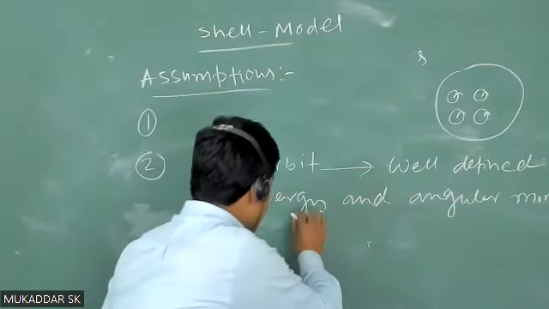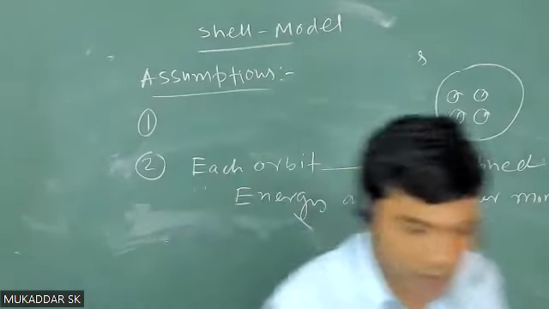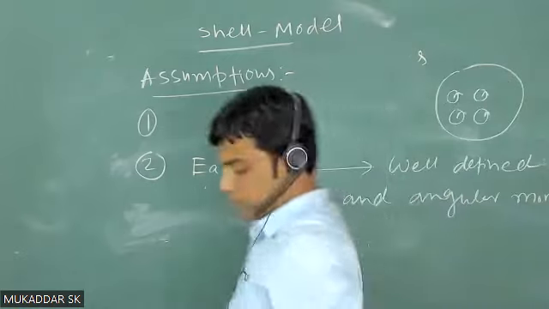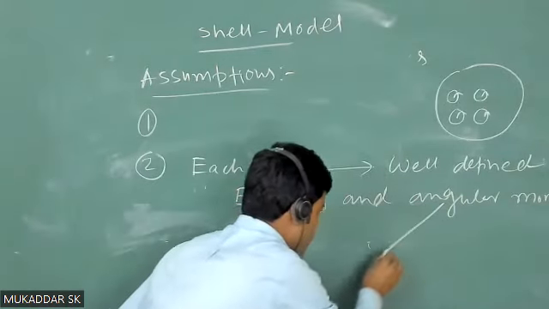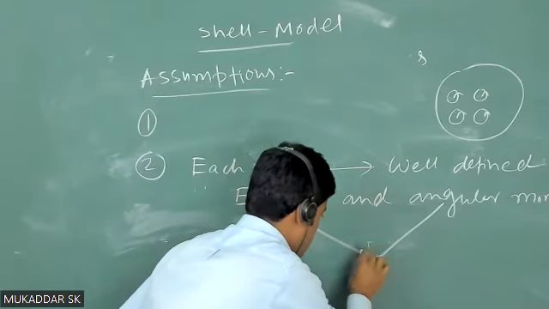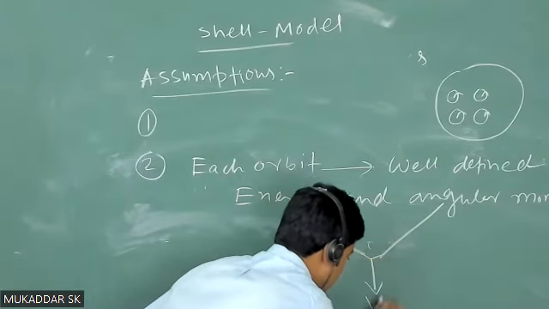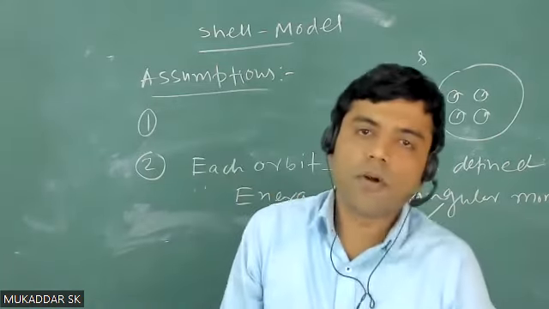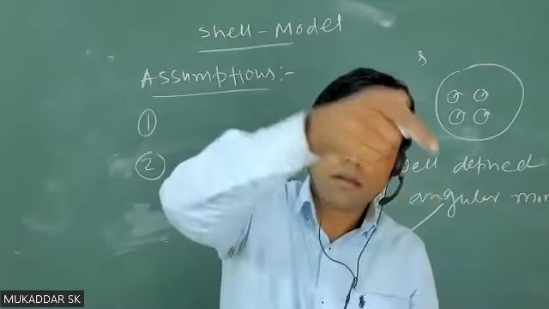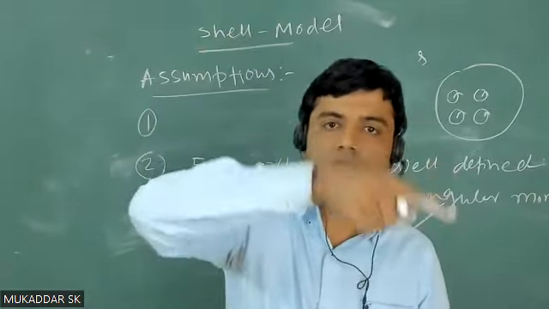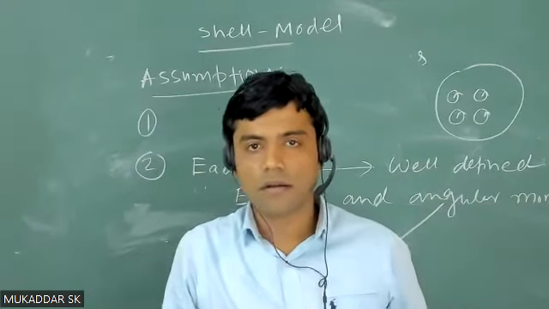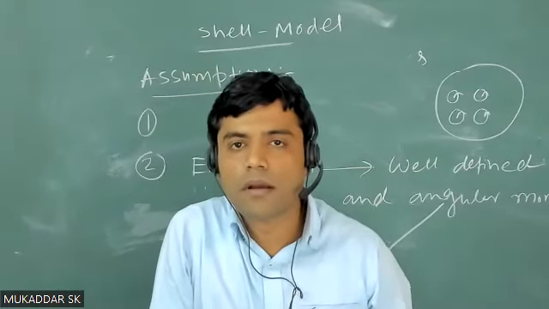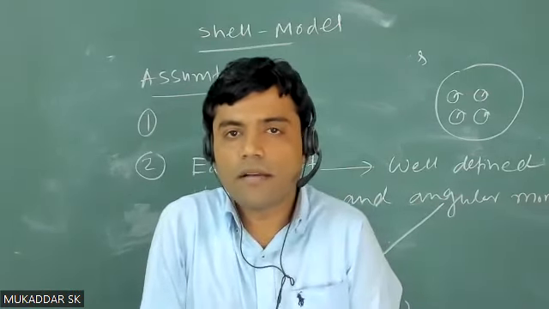And that energy and angular momentum of an orbit is characterized by V(r). That is really important. You know, in the central force problem, you have learned, right? When you have an orbital motion of, for example, Earth around Sun, why is there an orbital motion?